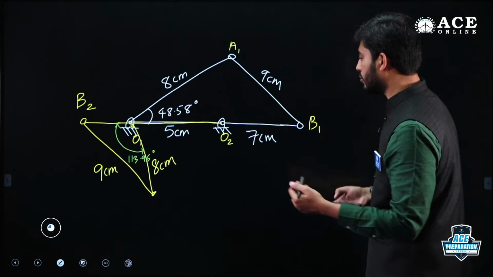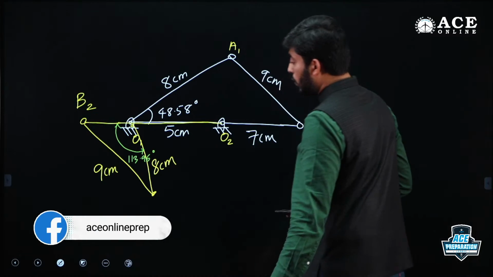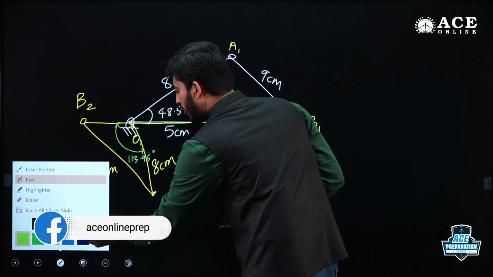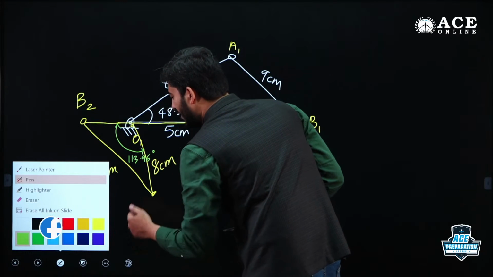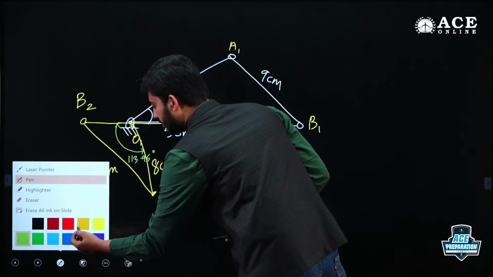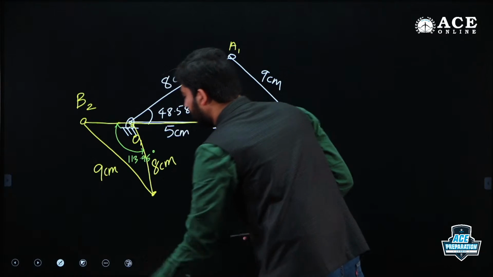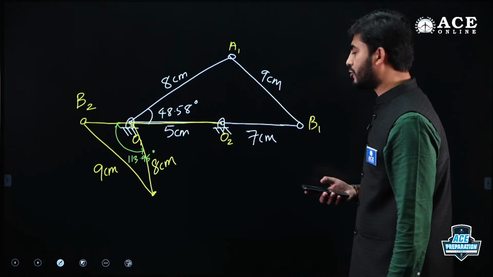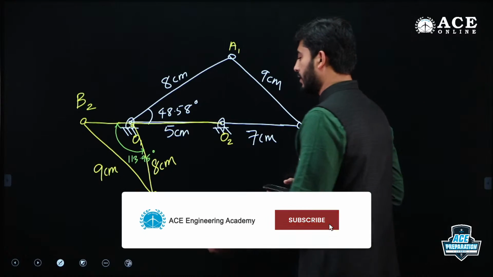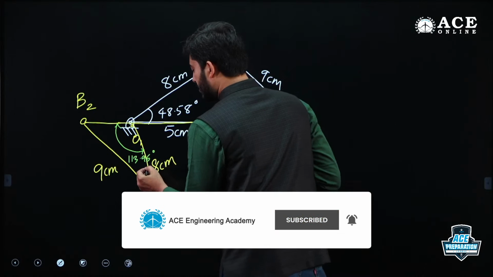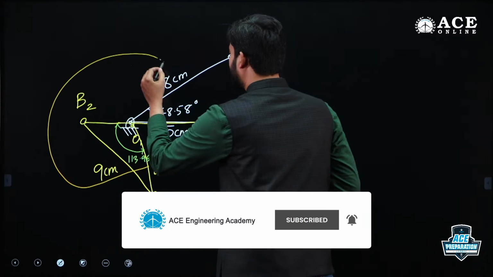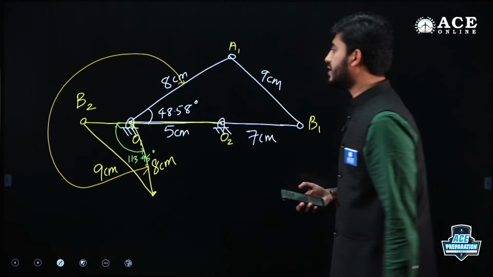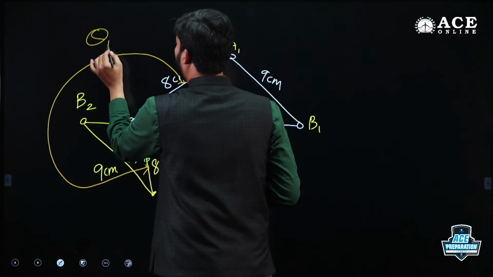Okay, Bittu Kumar, yes, correct. Now, the angle for the forward stroke will be what? You can visualize this and give me the answer. Hurry up, I am waiting for your response. What will be the angle for the forward stroke? This will be the angle for the forward stroke.